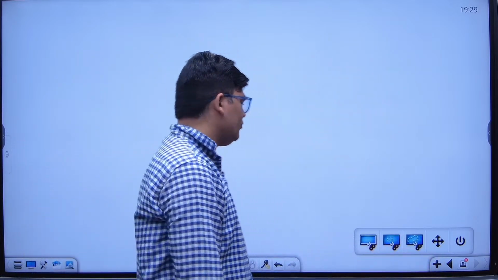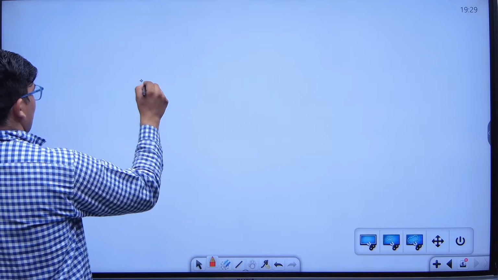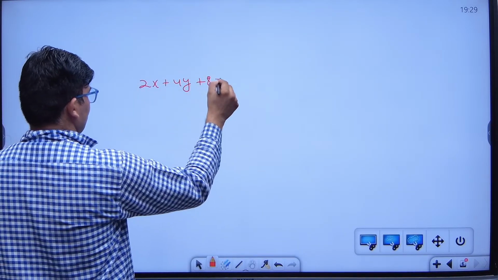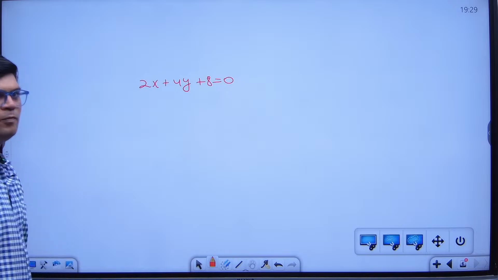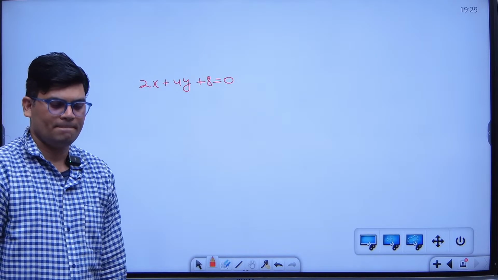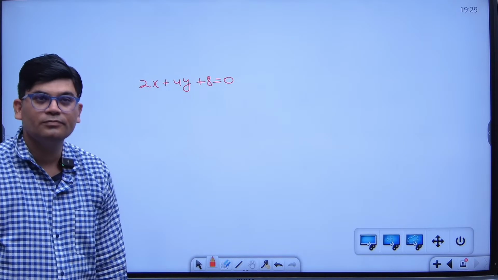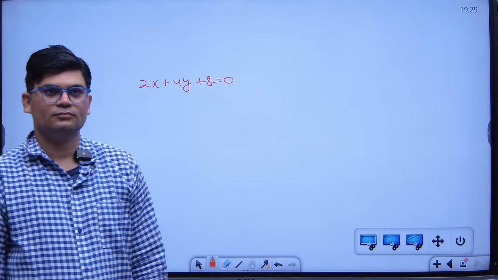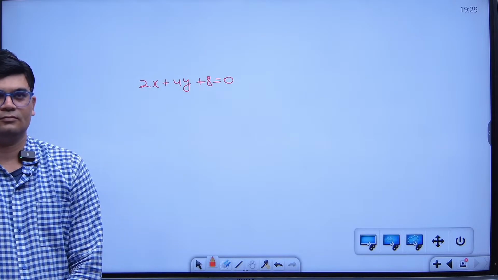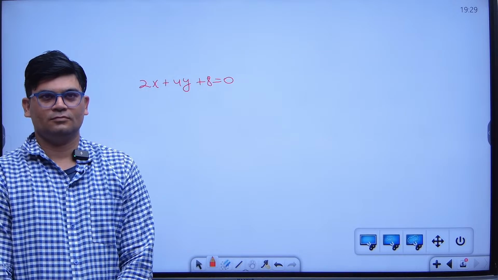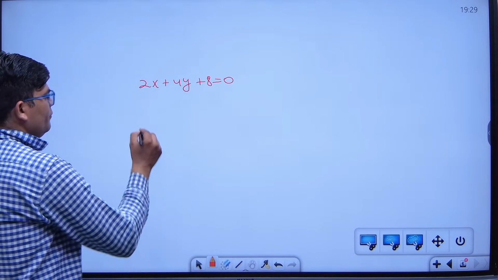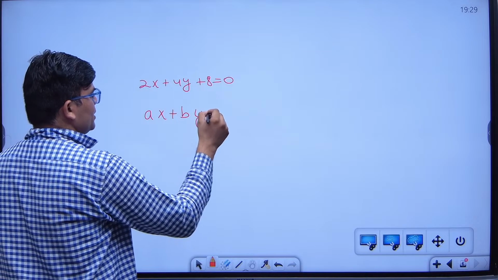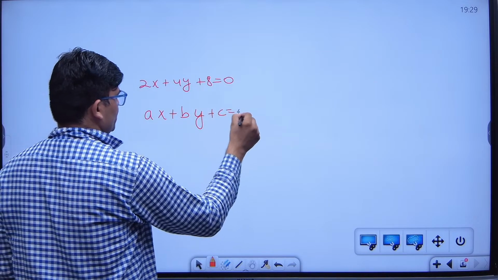So I am going to give you some equations. 2x plus 4y plus 8 is equal to 0. Can you tell me what is the slope of this graph? So if I ask you, the general form of the straight line is ax plus by plus c is equal to 0.